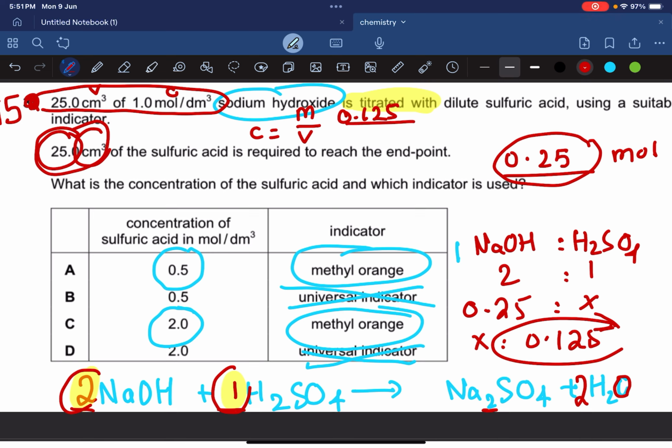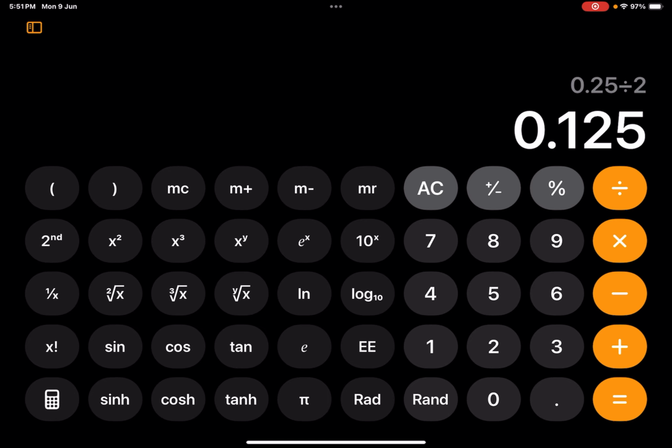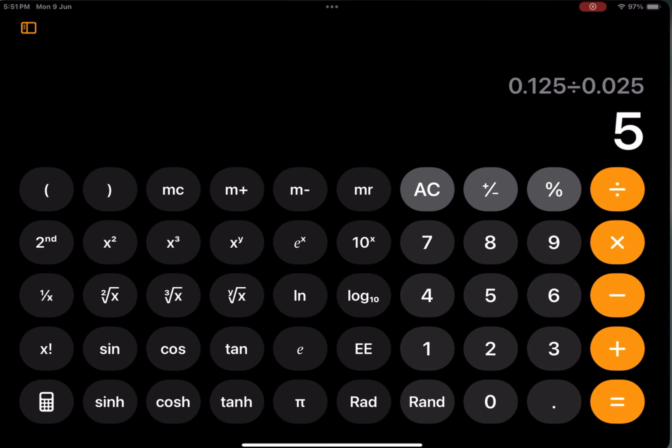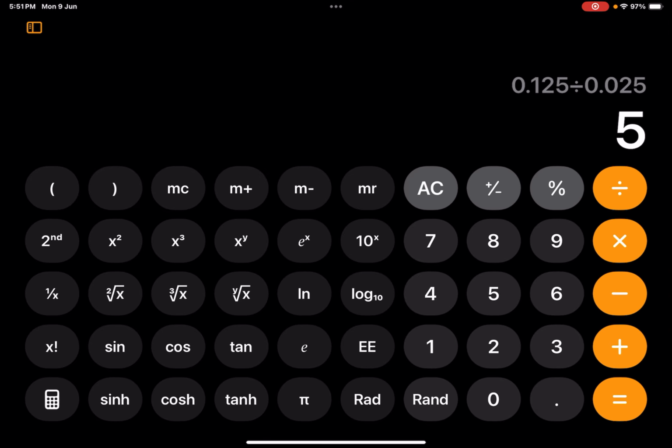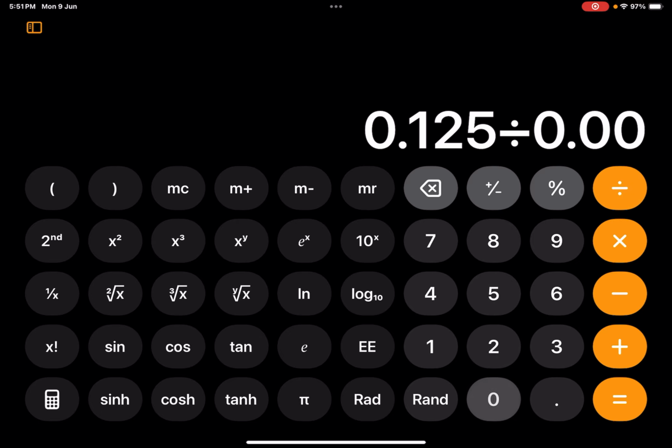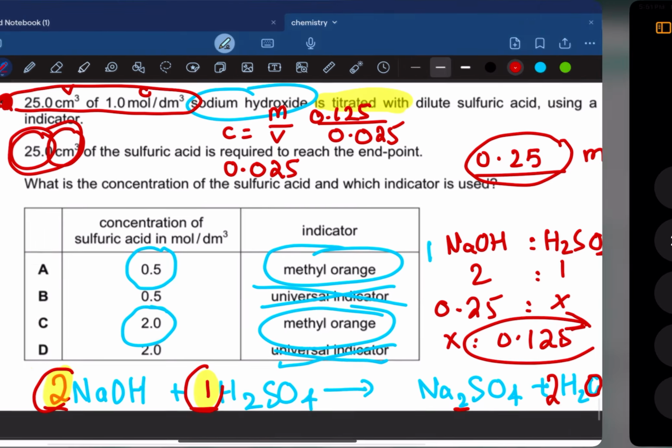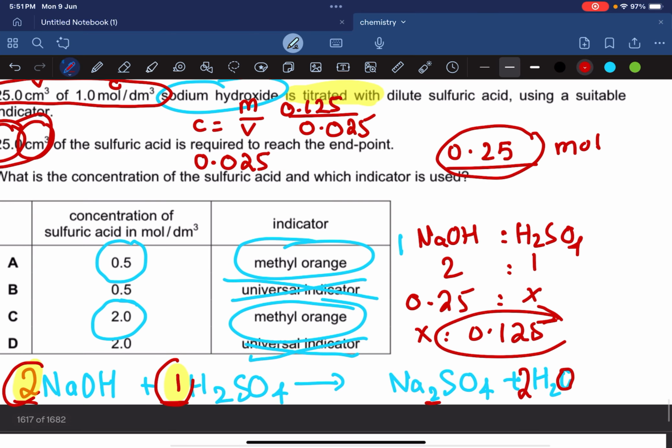You don't take it in cm cube, you take it in dm cube. So it's going to be 0.025 in dm cube. So 0.125 divided by 0.025. Sorry, I'm doing something wrong.